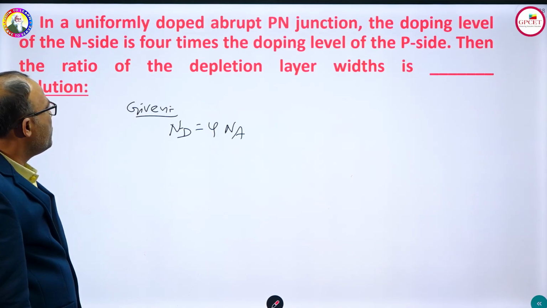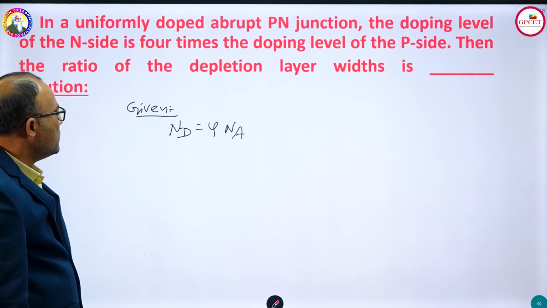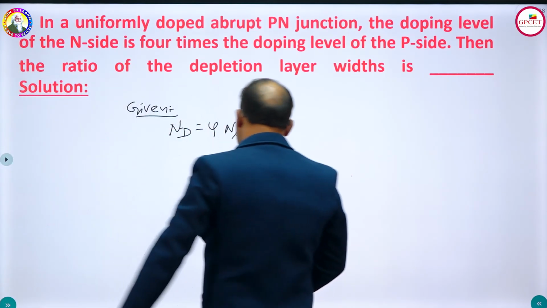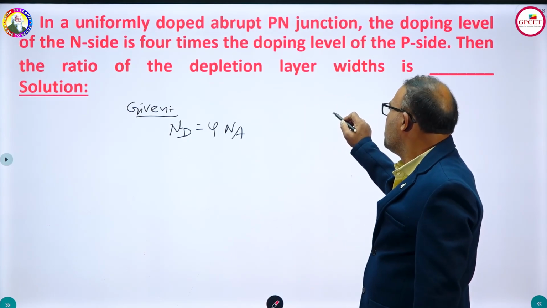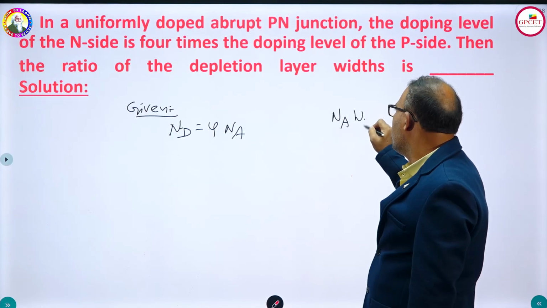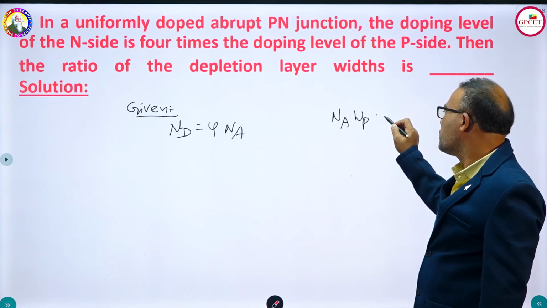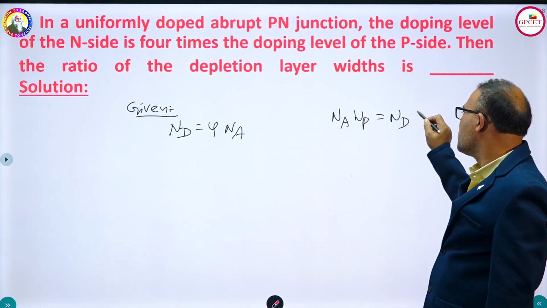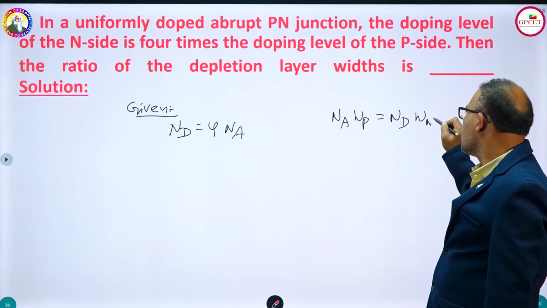Then what is the ratio of the depletion layer widths? I already told you the concept. What is the formula? Acceptor concentration times the width of the depletion region towards the P side is equal to donor concentration times the width towards the N side.